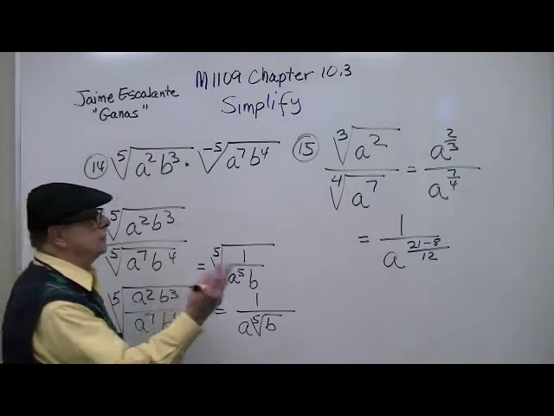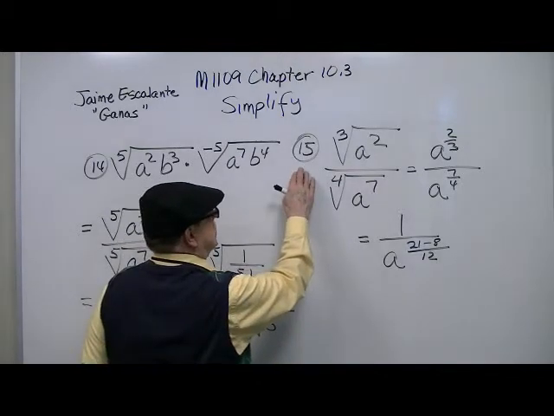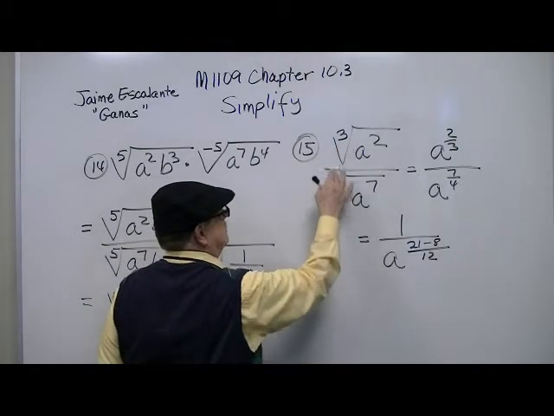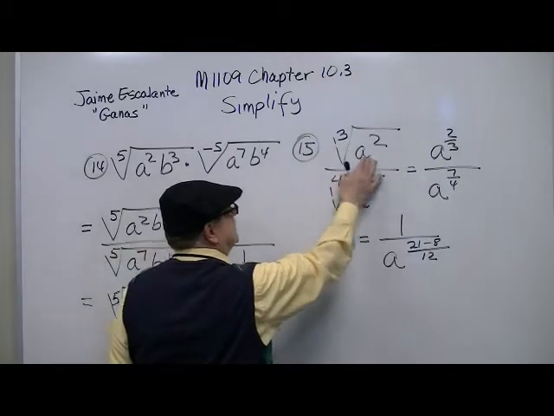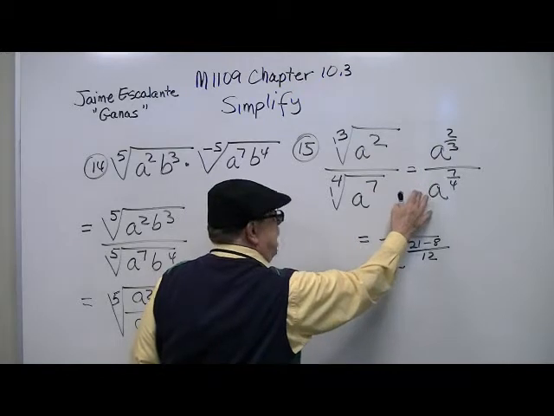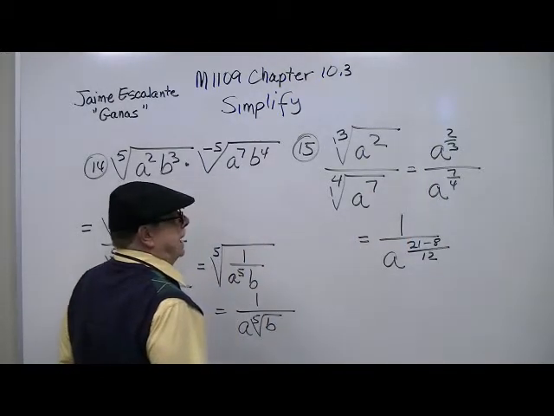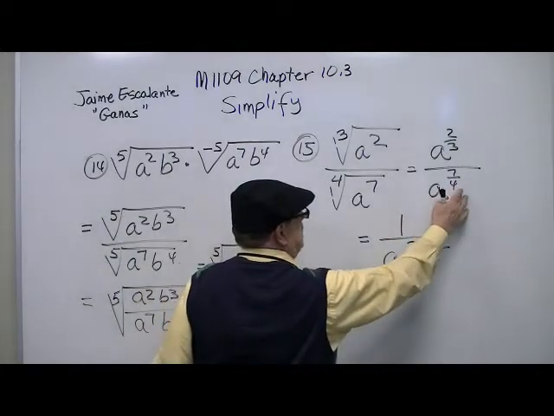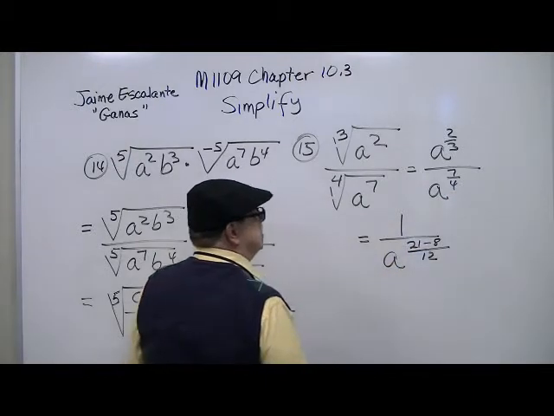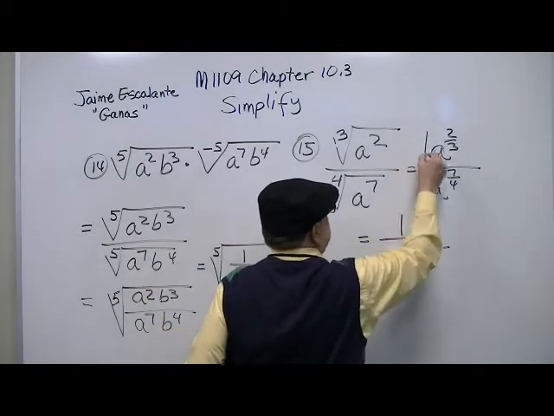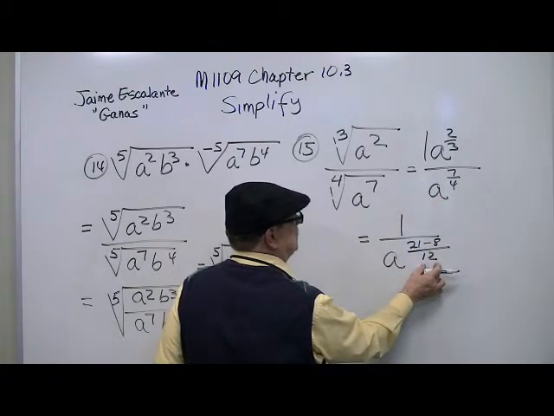And then number 15, we went back to the previous section where we said, well, we have different index numbers, but we can deal with this if we convert it to its radical fractional form. And now, this is our bigger fraction. So our common denominator, remember there's the 1 that we keep up there, our common denominator is 12.